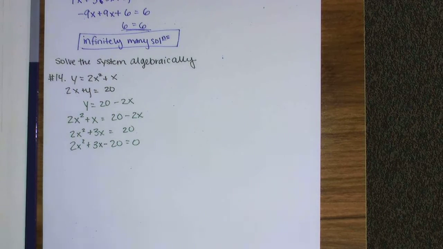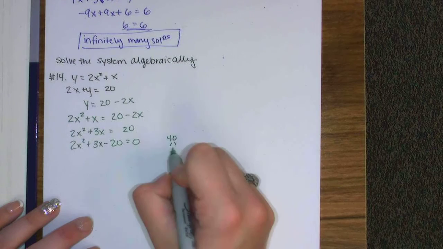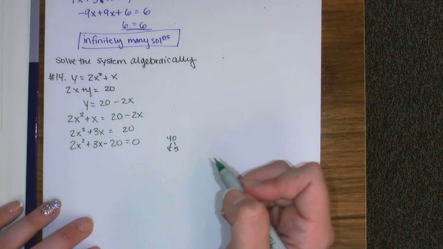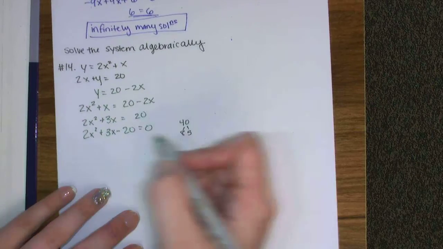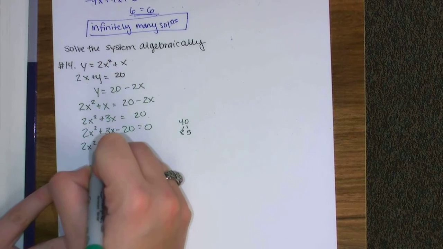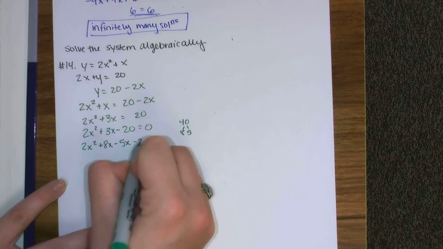I think it's something that can be factored, so I think we should be good. Let's see, 40, see what we can break 40 up into. 8 and 5 I think should work. Positive 8, negative 5. Yeah, so we'll do 2x squared plus 8x minus 5x minus 20 is equal to 0.